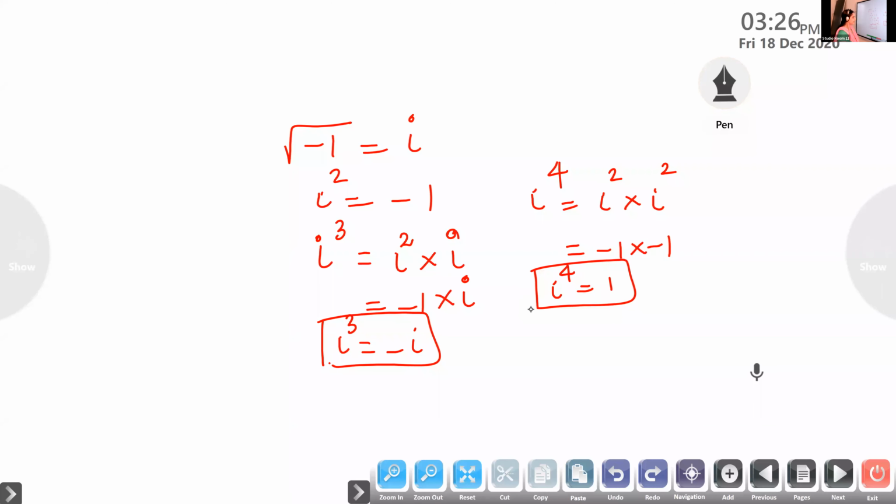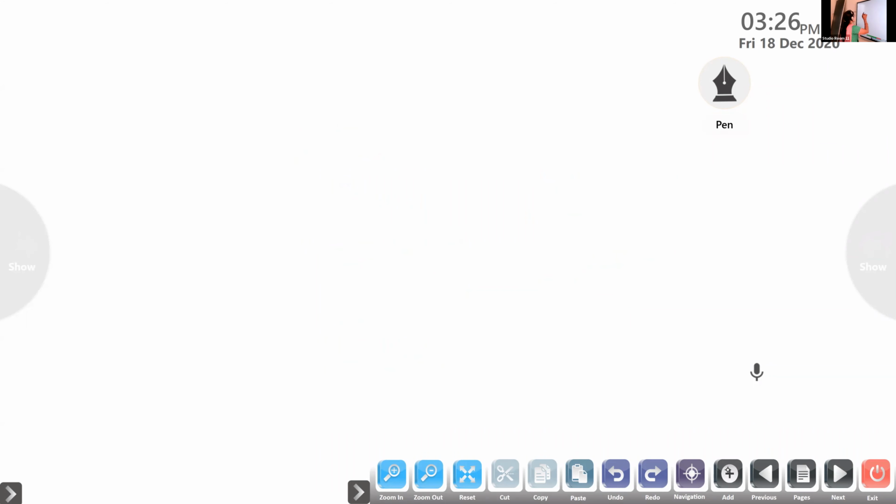Write the question. Find the following. What will be i raised to 35? Whenever you are given numbers greater than 4, what you can do?